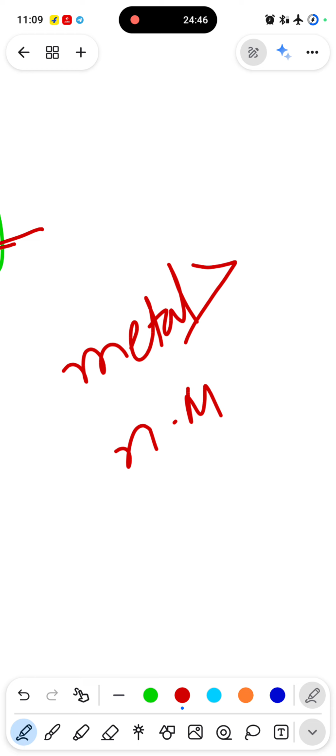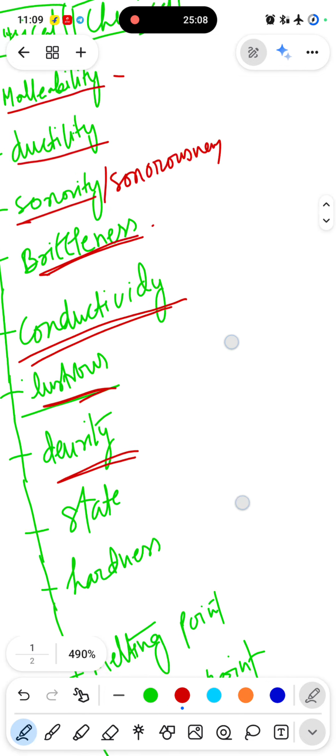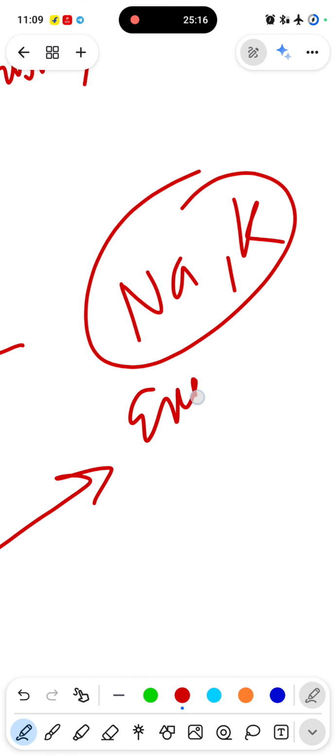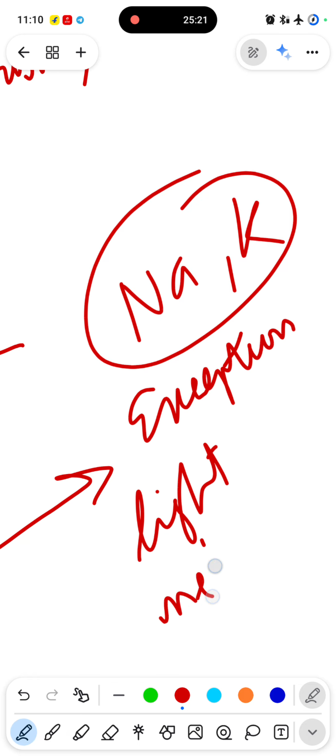For example, sodium and potassium have lower densities because they are light metals, and hence they are the exceptions among metals.